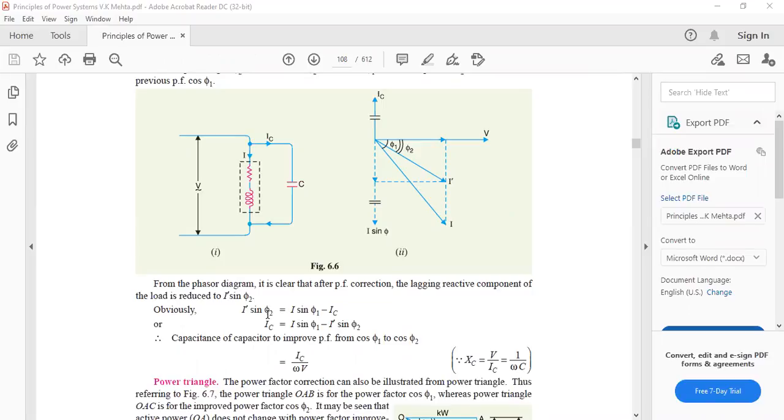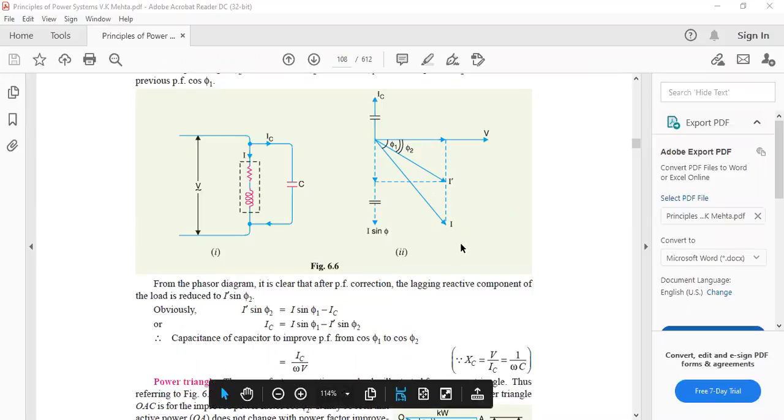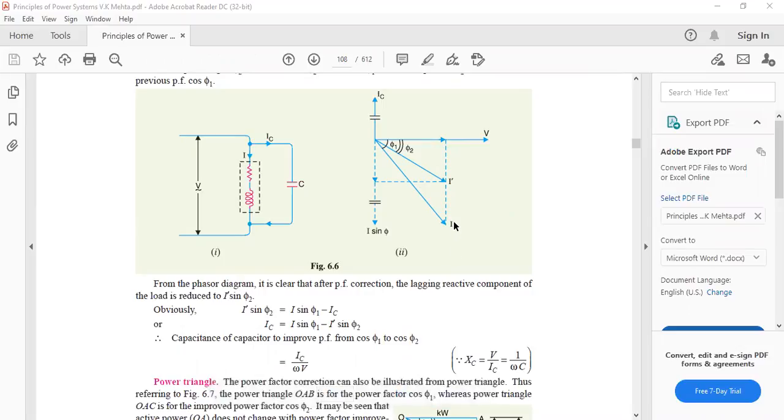So I dash sine phi 2 is equal to the previous component I. This vertical component is represented with the sine value of this angle. So I sine phi 1 minus IC.